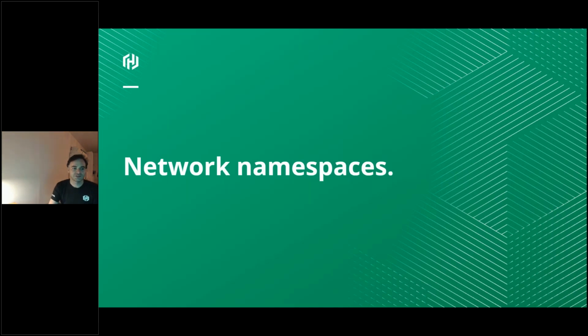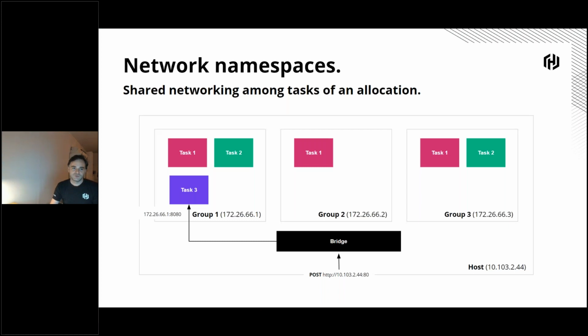Then one of the big ones, network namespacing. Network namespacing allows you to define shared networking, and that networking is then shared amongst tasks inside an allocation. Before, you could also, for instance, use the Connect integration by doing it manually by, for instance, specifying separate tasks for an Envoy sidecar and then using another task to register that service.